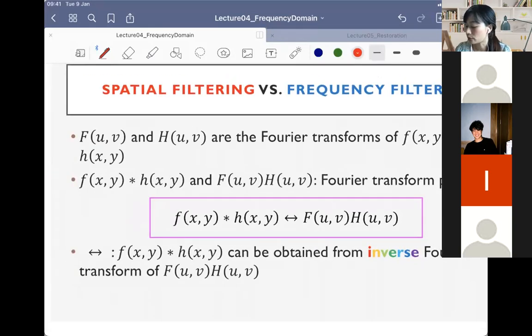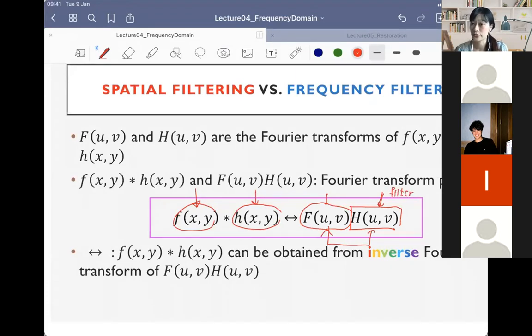So when you convolve an original image in the spatial domain with the transfer function, it is equivalent to multiplying the Fourier transform of the original image with the transfer function, or, when we do frequency filtering, multiplying with the filter H(u,v).